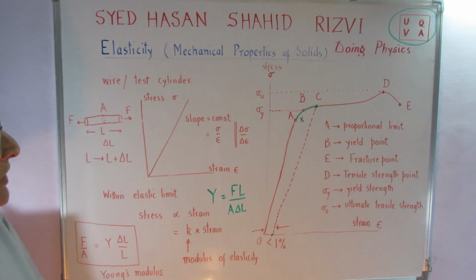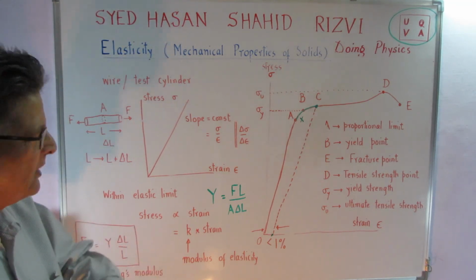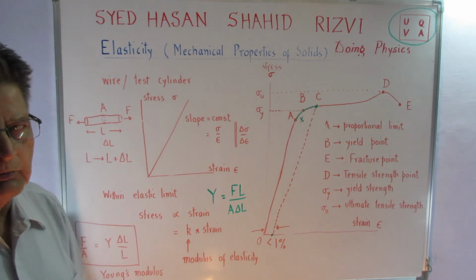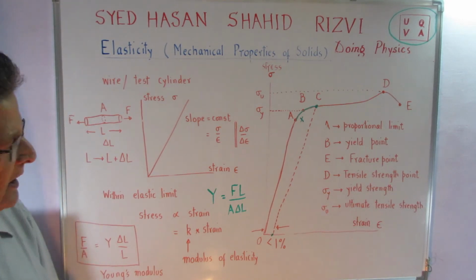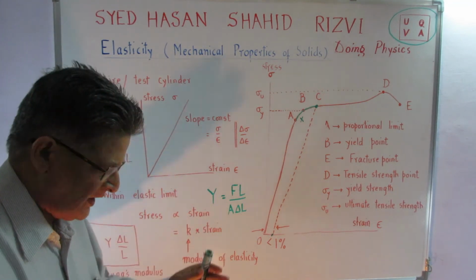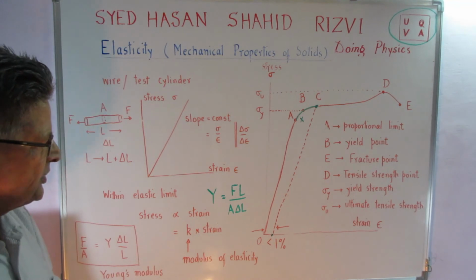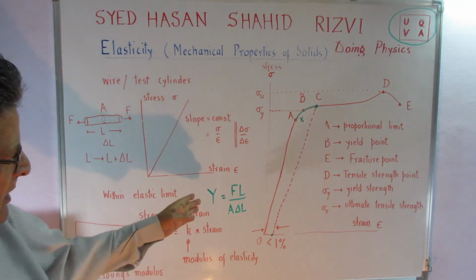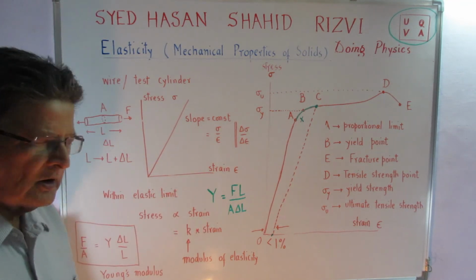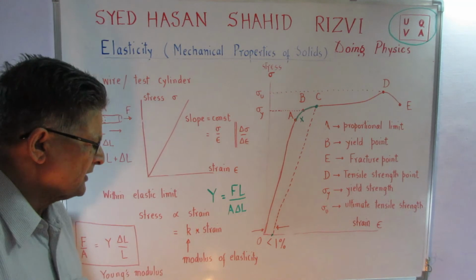We have seen that the mere force we apply to change the length of the wire or cylinder, or to compress that wire or cylinder, gives us Young's modulus of elasticity, which is a signature for different metals, alloys and materials.